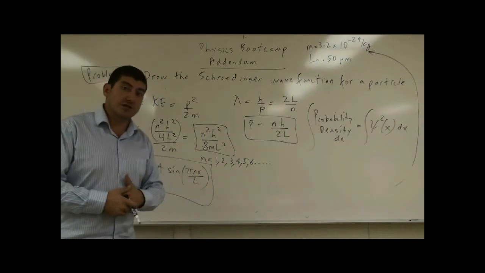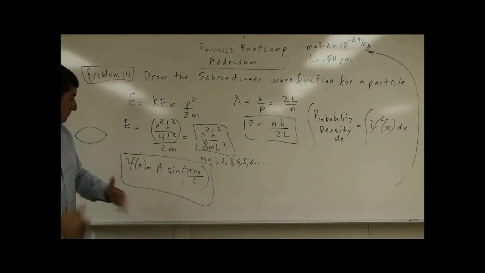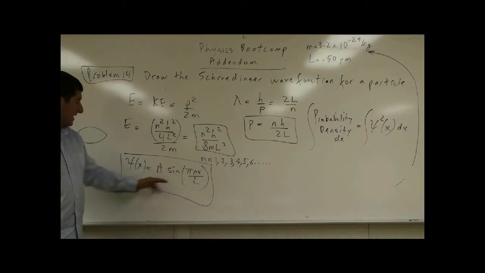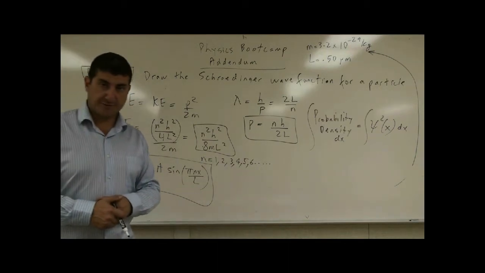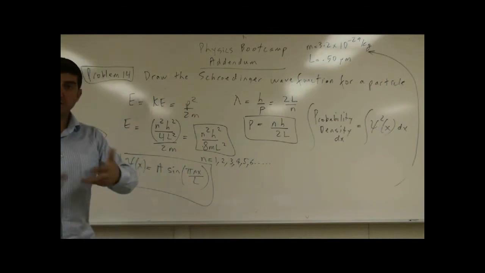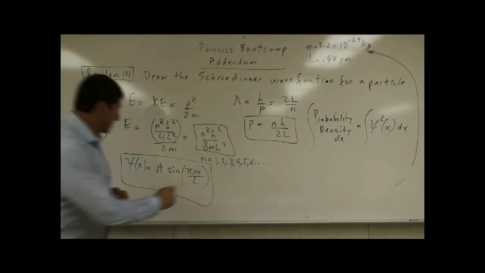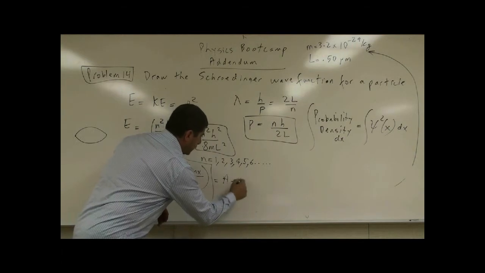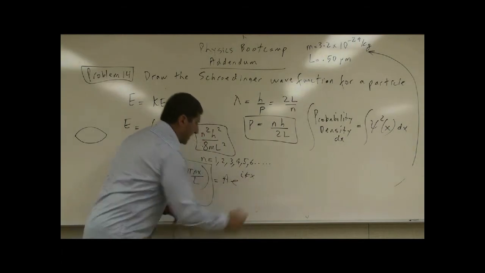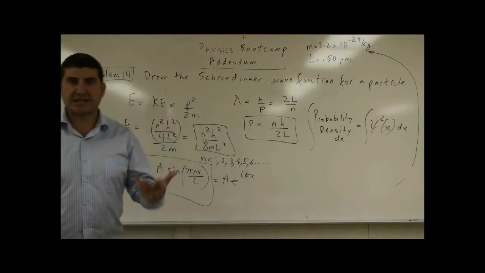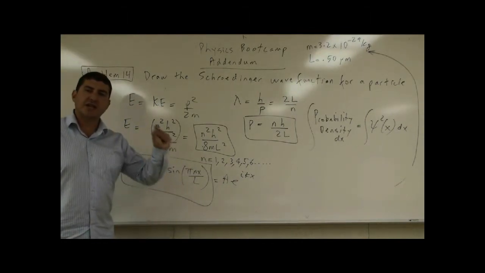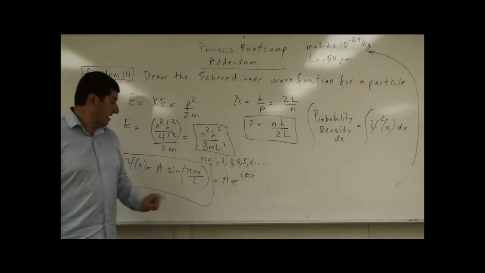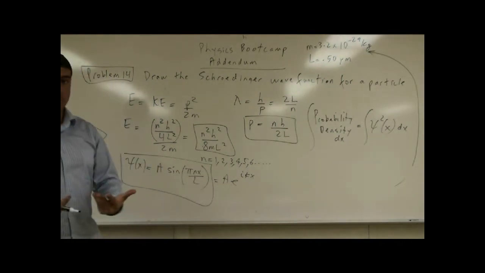The other way you can see this is that when you learn more about this, you learn that the wave function can be expressed as a complex number. In higher level quantum mechanics, often they express it as e to the i kx, and it becomes a complex number. So it turns out that the wave function itself is not what gives the particle a meaning, it's the wave function squared, okay?